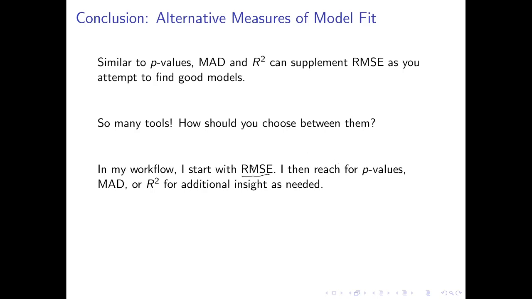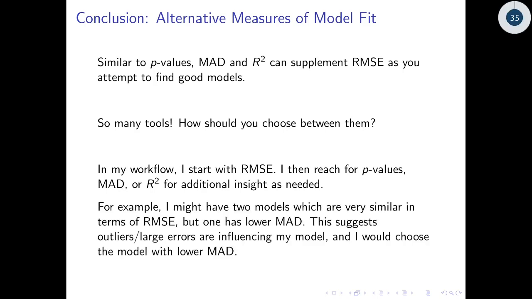I'll say, well, their test RMSE is similar for these two models. Are the p-values or the coefficients similar, given that I satisfy the modeling assumptions necessary to apply these hypothesis tests? Then I could look at mean absolute deviation and say, well, if RMSE is similar but mean absolute deviation is a little smaller for one, then I can rely on the one with smaller mean absolute deviation, right?